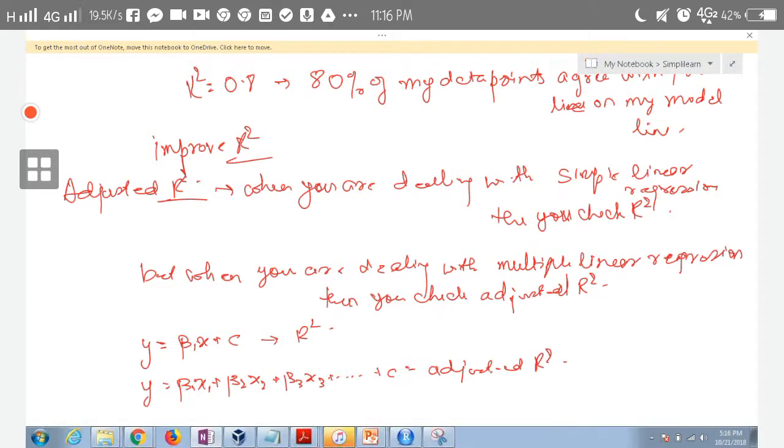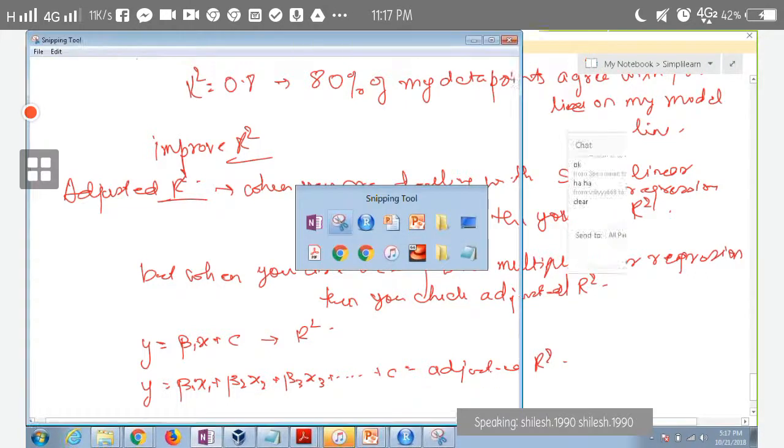Clear? Okay, so this is more or less about what is R square.